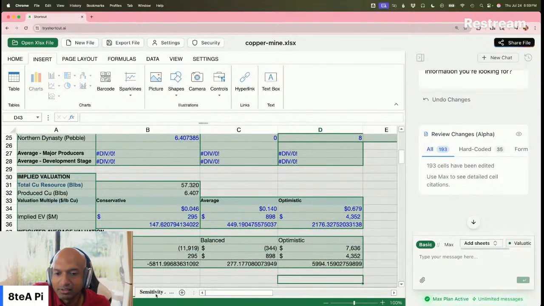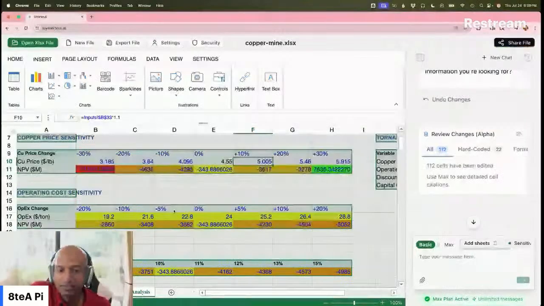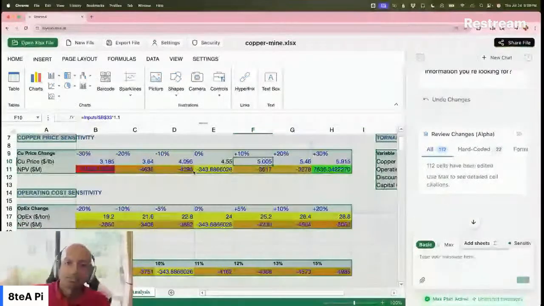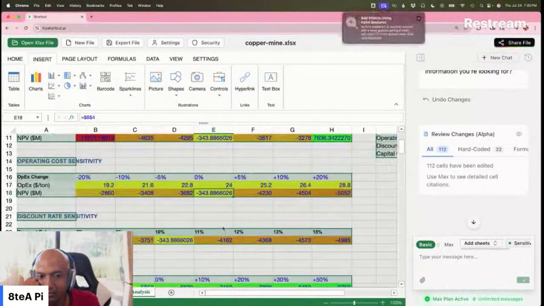And let's look at sensitivity analysis. It ran the sensitivity analysis on the wrong things. Well, I guess it's okay, but I didn't start off with a 4.55.